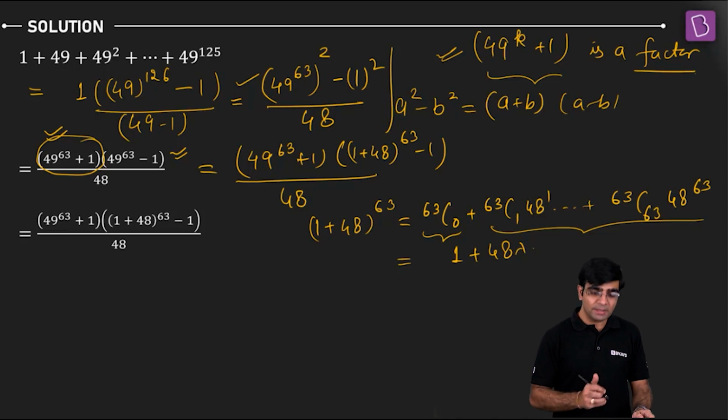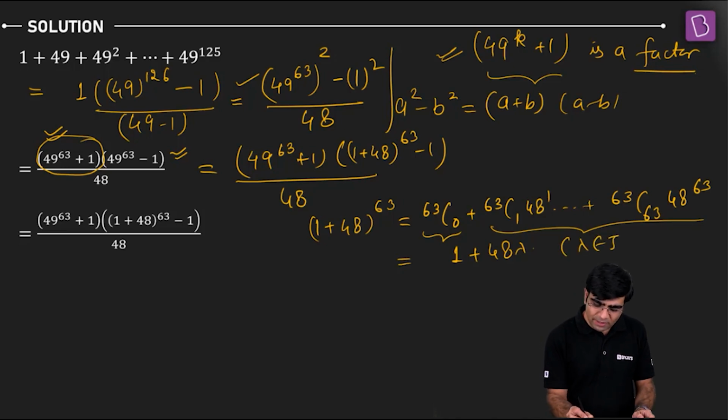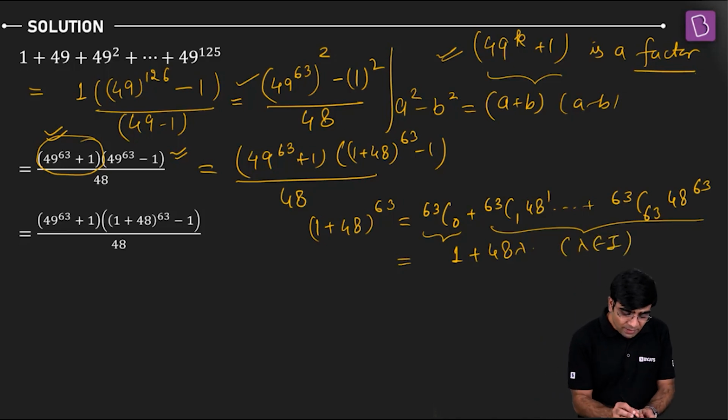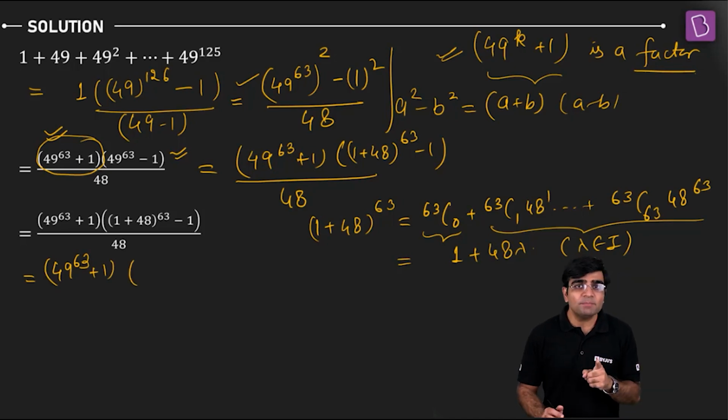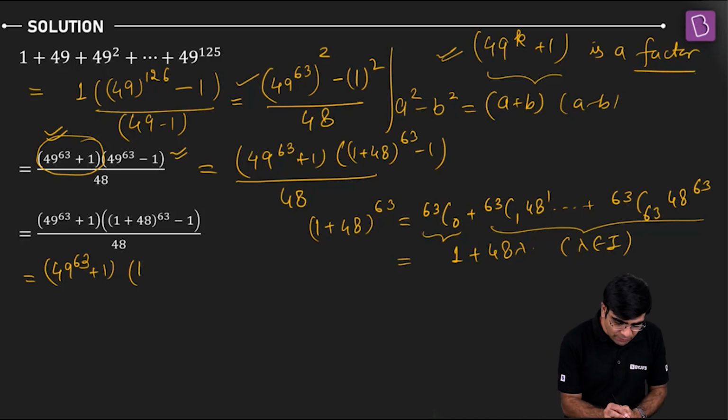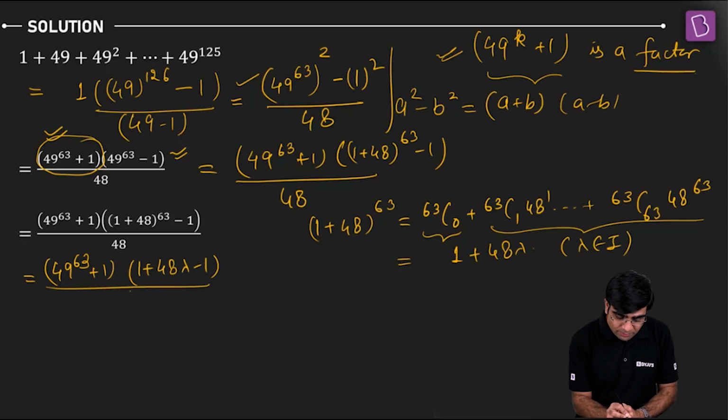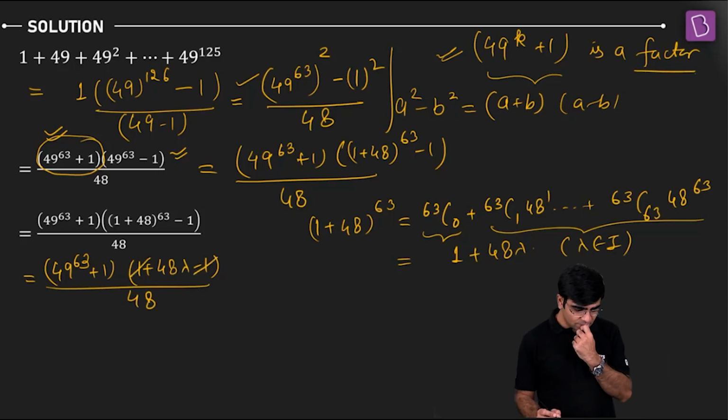Lovely. Let's put it there. Lambda could be any integer, any natural number, precisely. So this thing has become (49^63 + 1) times ((1 + 48 lambda) - 1) divided by 48. So this 1 and 1 got cancelled. What do I have here?